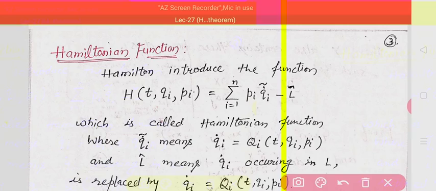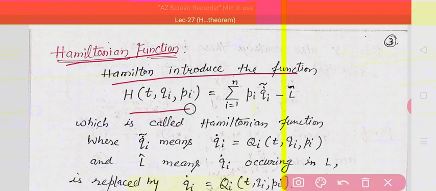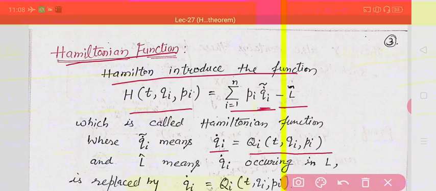What will be the Hamiltonian function? Hamilton introduced the function H tilde of t, qi, pi, equal to the summation of pi times qi dot tilde minus L tilde. Here, qi dot tilde means wherever qi dot is there, it will be replaced by capital Qi of t, qi, pi.